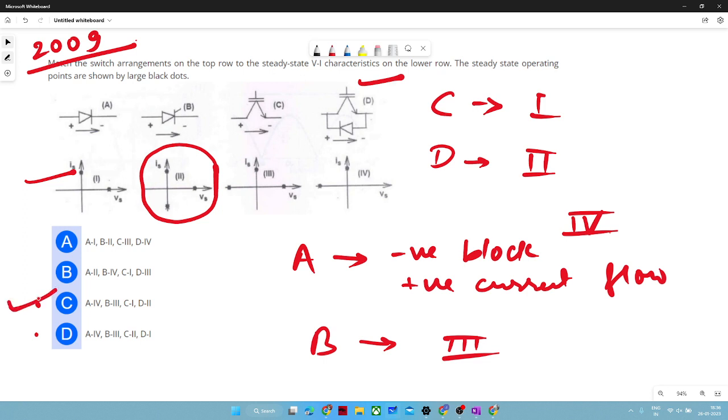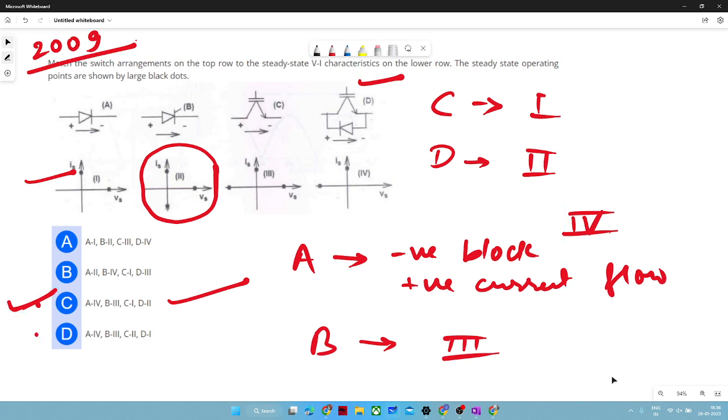So we can say from here that C is going to be our final option. However, we need to cross verify with option D, and D has connection with 2, so C is our final correct answer, right? So I hope you have got a proper idea of how the switches conduct in which mode. So those are all basics about switches.